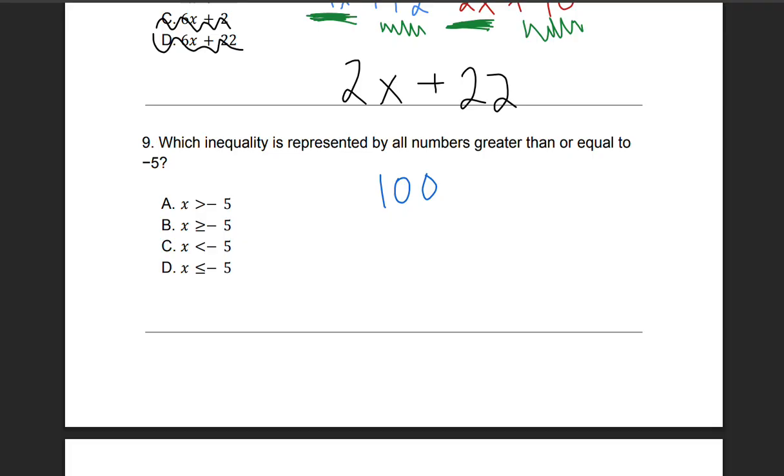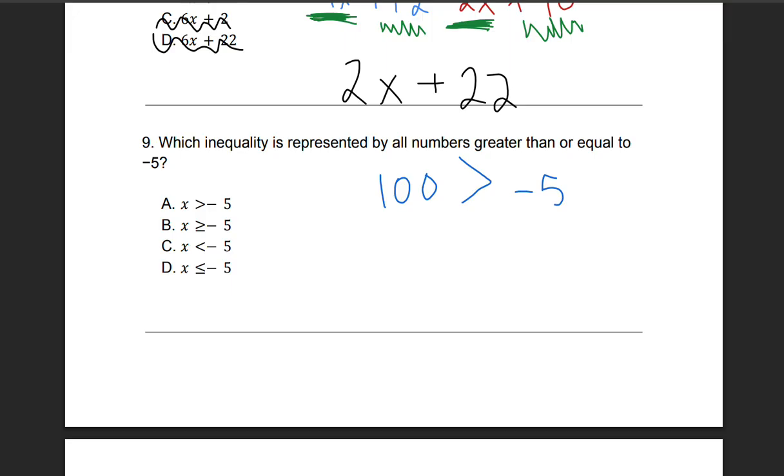Well, then we need to decide, well, which inequality sign would make sense? Well, when we talk about inequalities, they will be open and facing the bigger number. So it better be open and facing 100.